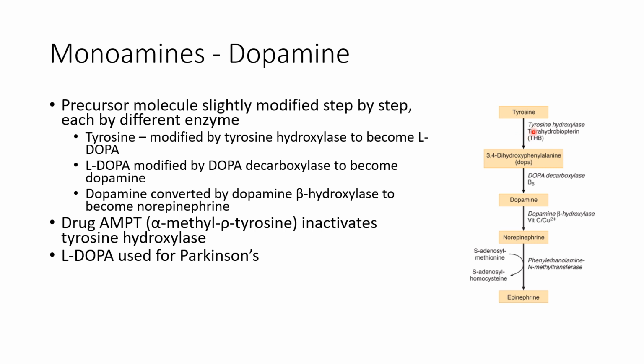So if tyrosine hydroxylase is deactivated, then tyrosine can't be modified into L-DOPA and then later be modified into dopamine, and then further on, if necessary, into norepinephrine and epinephrine. So it completely breaks down this whole system. And then also another drug, L-DOPA, is used commonly for Parkinson's patients.